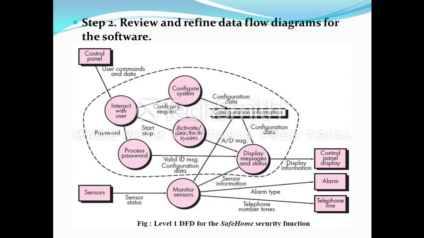That is divided into more components: interact with the user, process password, activate or deactivate system, display messages and status, configure system, monitor sensors. These are the internal components of the SafeHome software. This comes under the second level.